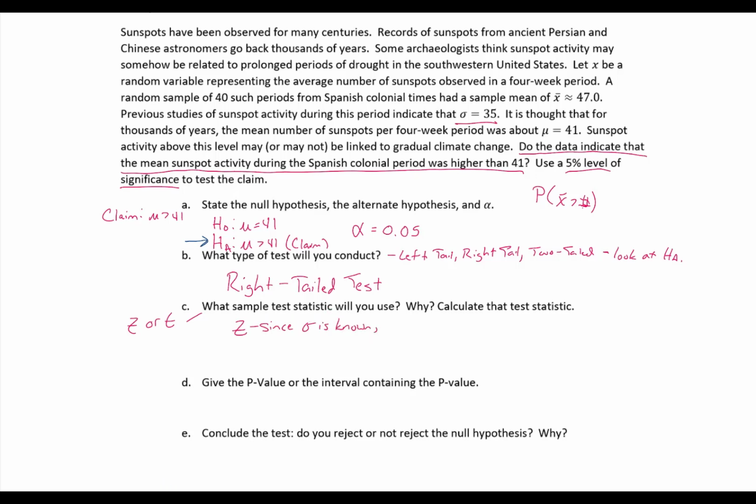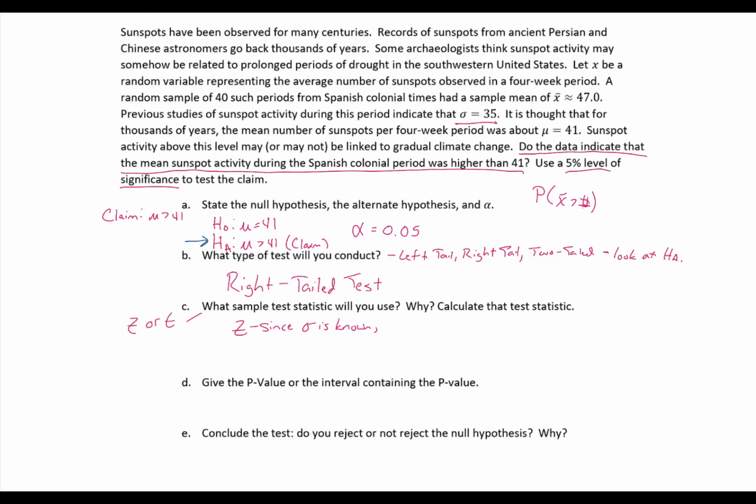But don't forget, we also have to make sure that we're taking the criteria for central limit theorem into account, because we are using central limit theorem here. So we still have to determine whether or not central limit theorem applies. Is n greater than or equal to 30, or is the population normally distributed?